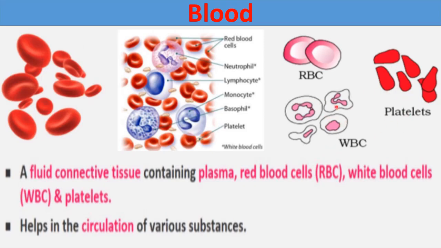And these WBCs are of different types, as you can see in the diagram, because different types of WBCs are present in our blood. So here you can see names of some WBCs like neutrophil, lymphocyte, monocytes, basophils. Okay, all these are WBCs, and these are platelets present in our blood.